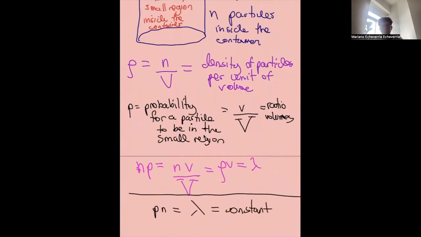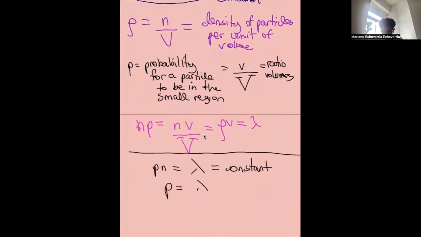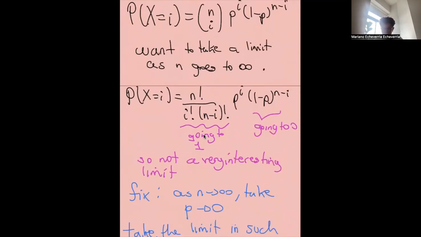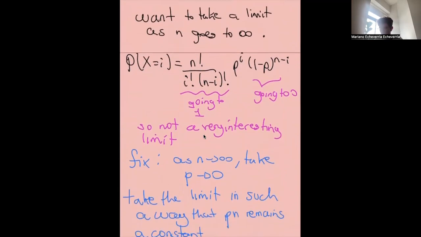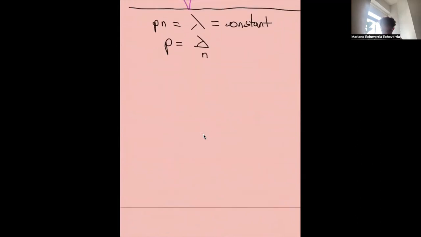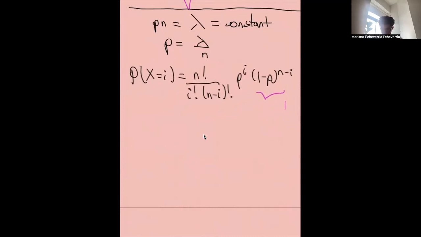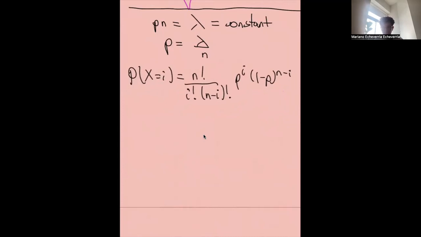So let's rewrite what that allows you to write: P as lambda over N. In every place where P appears in the formula for the probabilities in the binomial expression, I would just replace that with lambda over N. That will have the advantage of making the formula just depend on a single variable, which is N.